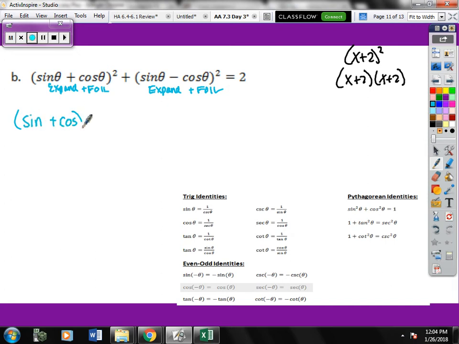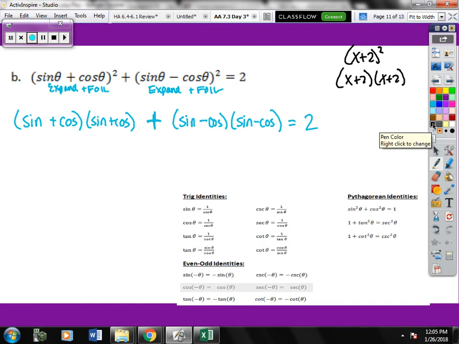So I'll get sine plus cosine times sine plus cosine plus, make sure you bring down the plus sign in the middle, sine minus cosine sine minus cosine. And that's still going to equal 2. Alright, FOIL each one.